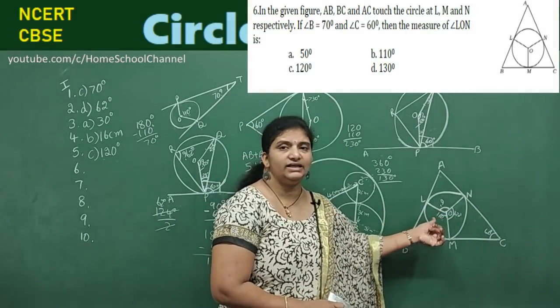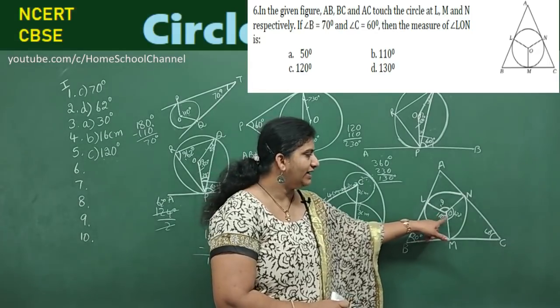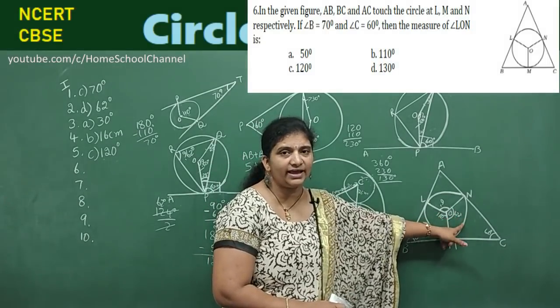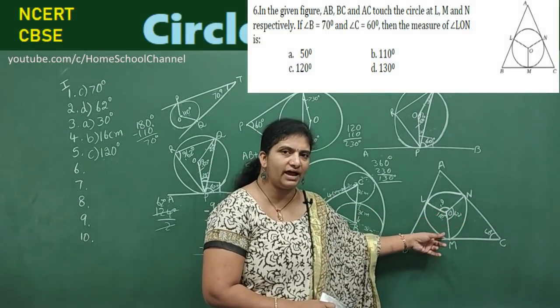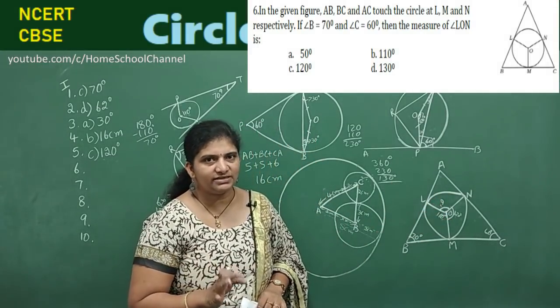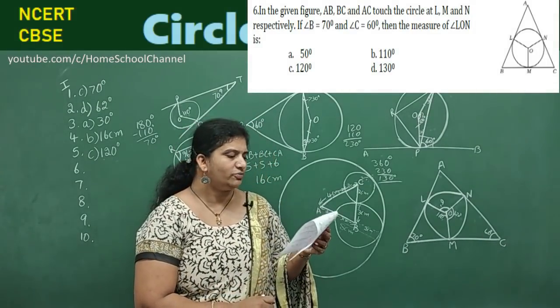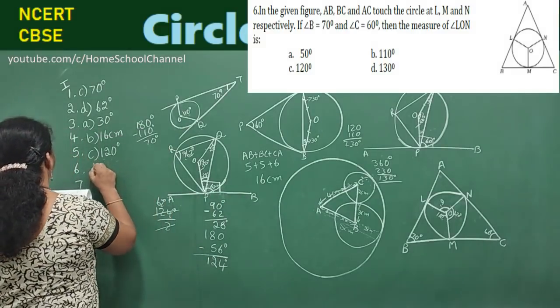Coming to this circle, the complete angle is 360. So we know 110 and 120; add these two angles. In 360, if you subtract, you are going to get this angle. Anyway, you can proceed, and finally your answer is 130 degrees, and your option is option D.